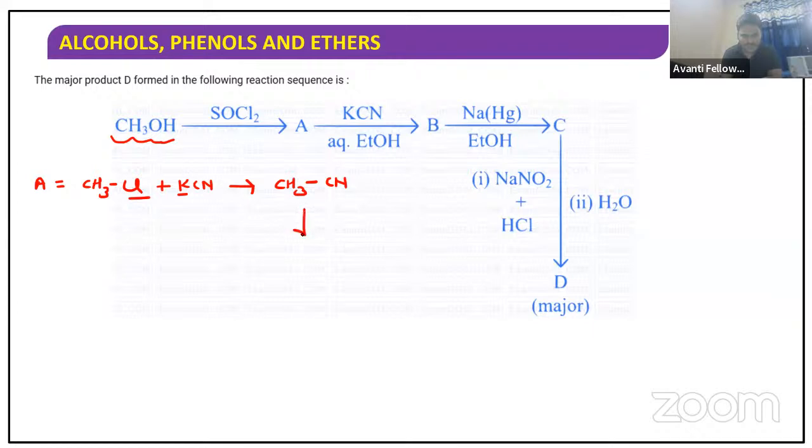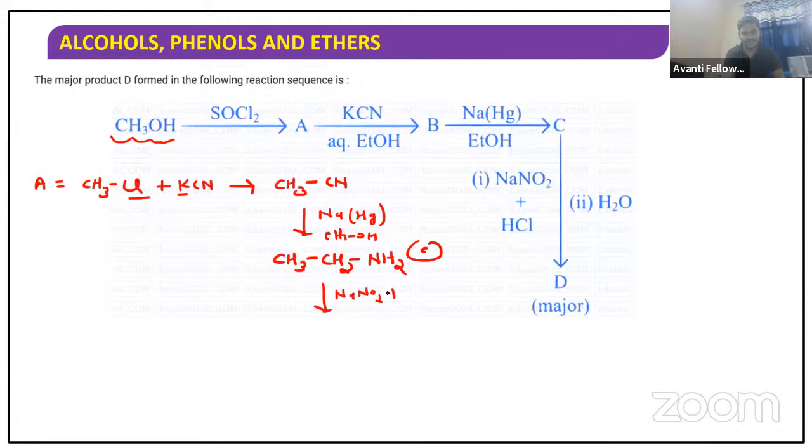Now, when this CH3CN undergoes reduction in the presence of ethyl alcohol, what will we get? Reduction of cyanide gives amines. So CH3CH2NH2 is the product C we will get. Now, when this is treated with NaNO2 plus HCl, what will we get? Again alcohol, that is CH3CH2OH. So starting with methanol, we produce ethanol.